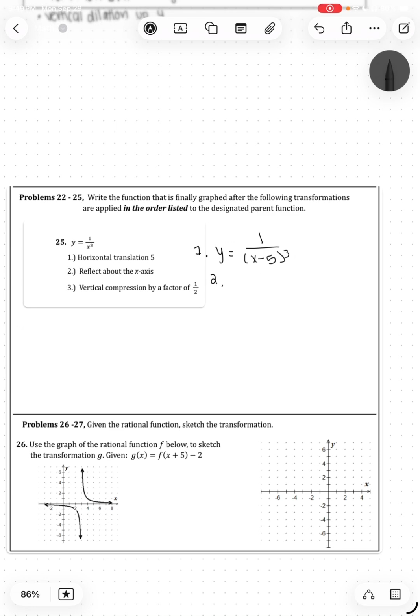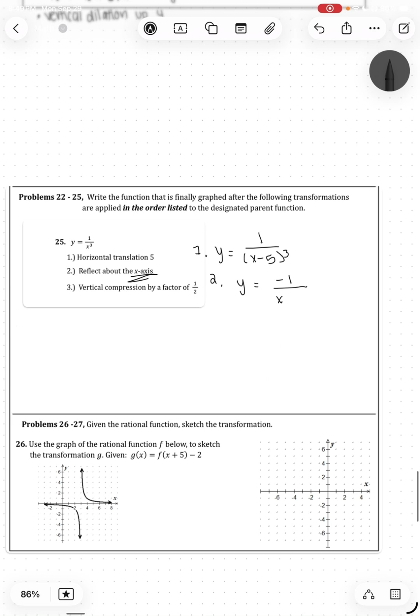Now for 2, reflect about the x-axis, which means we need a negative in front: -1 over (x minus 5) to the third.